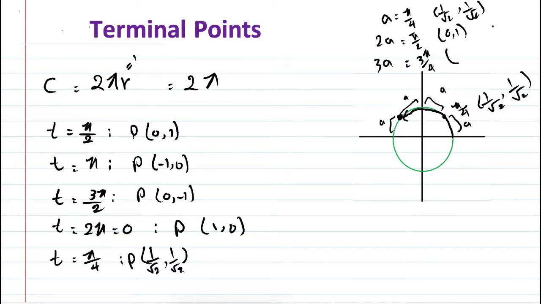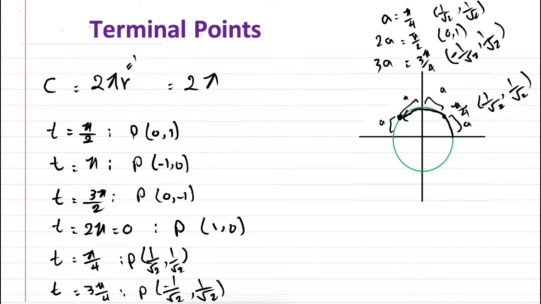The terminal point is still 1 over square root of 2 and 1 over square root of 2. However, here x is negative, so it will be negative 1 over square root of 2. So at t equaling 3 pi over 4, we have the terminal point of negative 1 over square root of 2 and 1 over square root of 2.